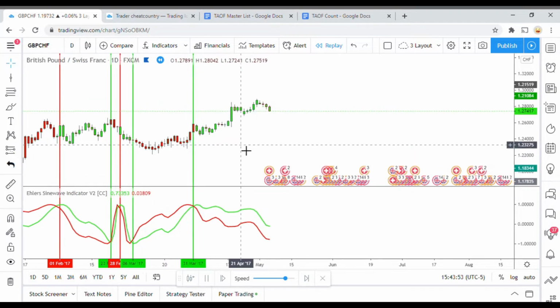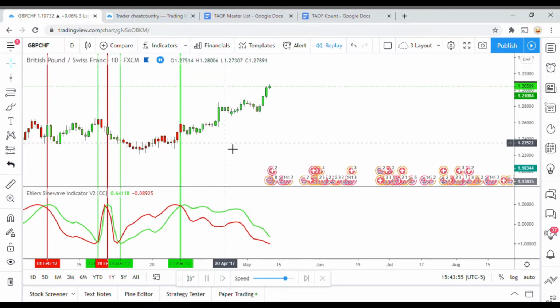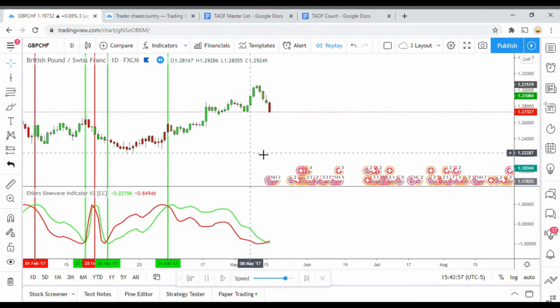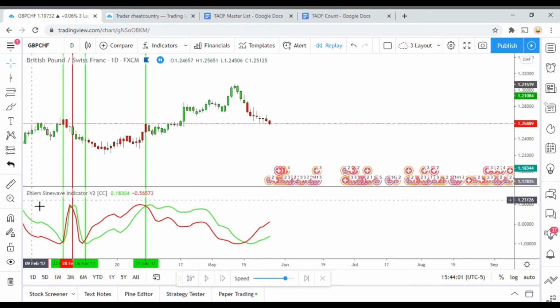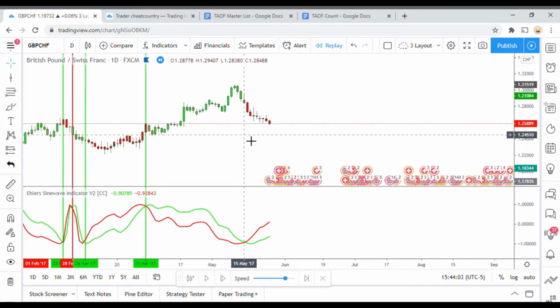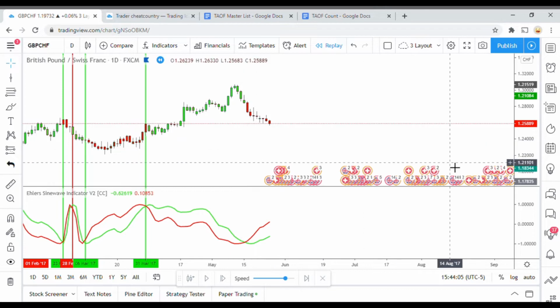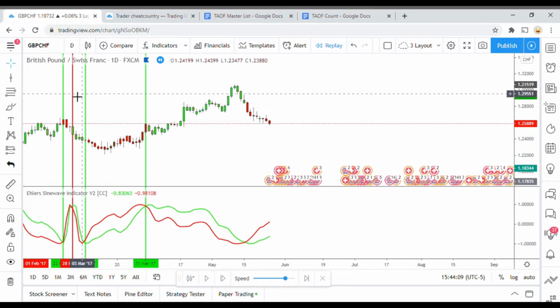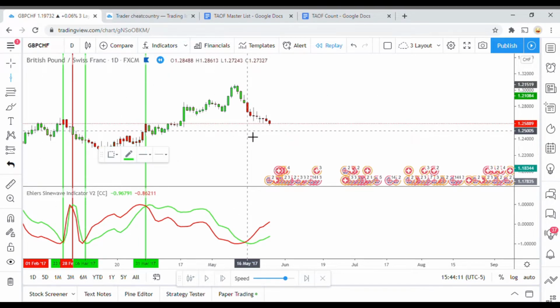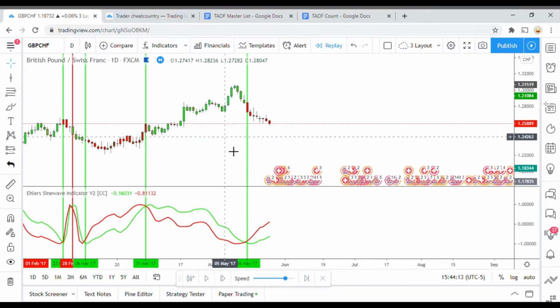Keep moving along here. Anyway, so Cheat Country, like I said, has tons and tons of indicators based off of Ehlers, different indicators and calculations and so on. I think it's very interesting how he's taken and created just dozens of indicators.